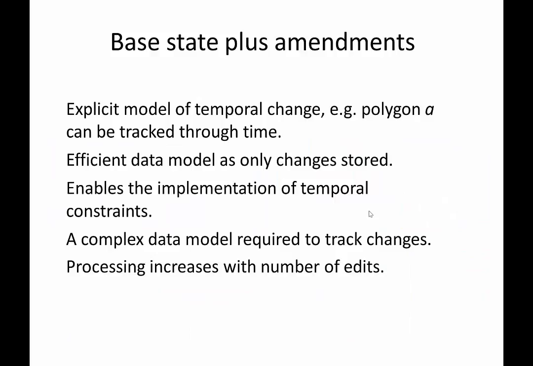Okay, this is good. It gives us an explicit model of change. We can track a polygon through time. It's efficient as only changes are stored. And we can implement temporal constraints on these relatively straightforwardly.